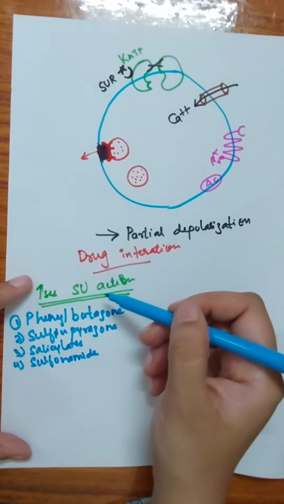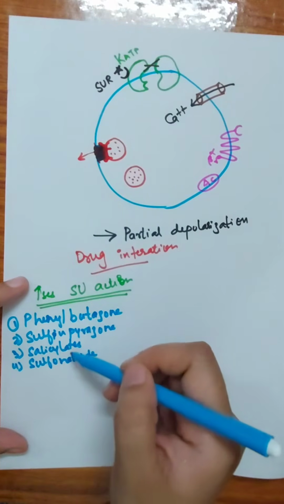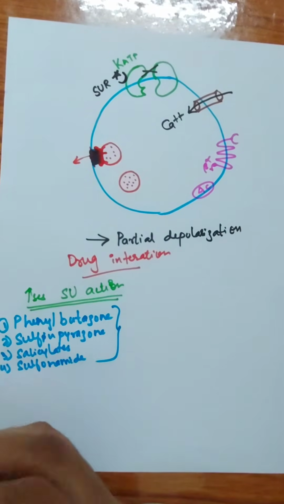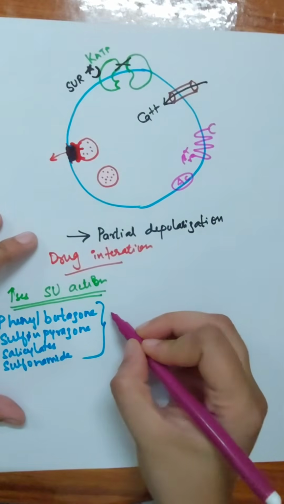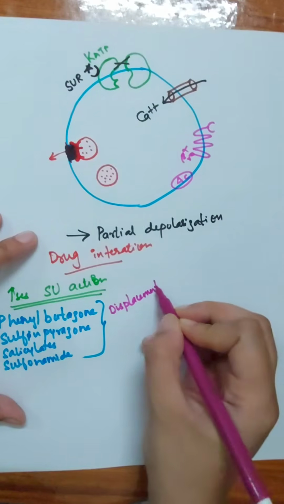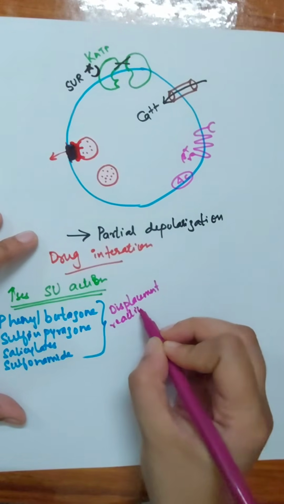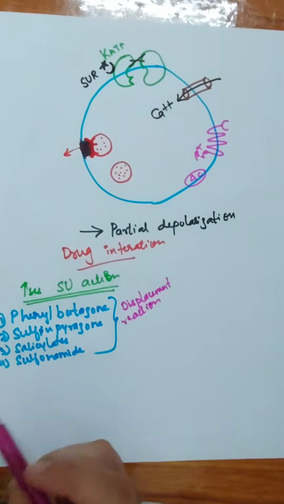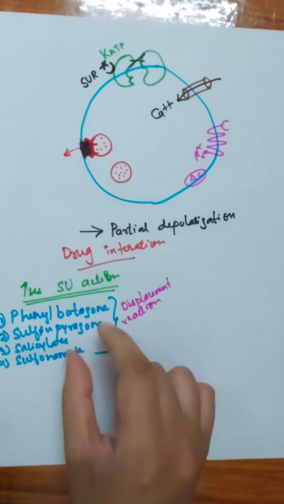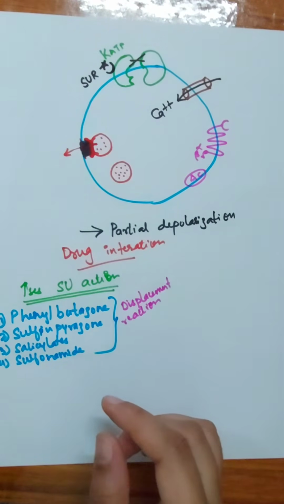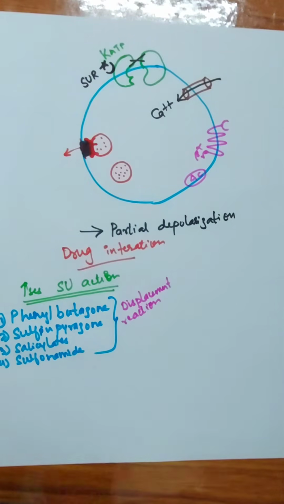So when sulfonylurea is consumed along with any of these drugs, what will these drugs do? They will displace the sulfonylurea from the plasma protein binding site. So you can say a displacement reaction will be taking place, so that a huge amount of free form of sulfonylurea will be available for producing the action. So this is one of the drug interactions that sulfonylurea faces, because of which there will be increased action of sulfonylureas.